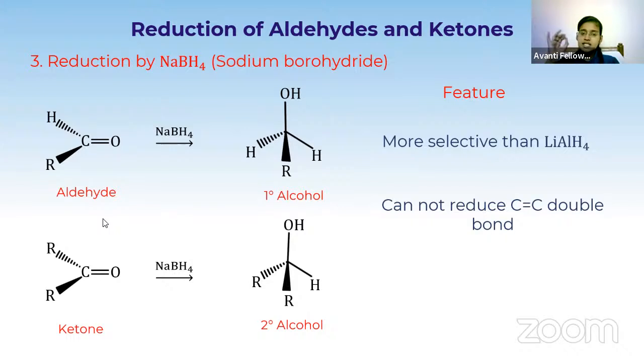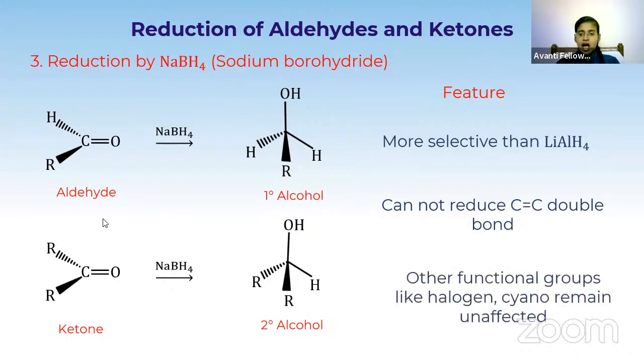Other functional groups like halogen and cyano remain unaffected. Halogen means fluorine, chlorine, bromine, iodine. Cyano means CN. So if these groups are present in the reactant, they remain unaffected, like the carbon-carbon double bond, and will not be reduced. So this is more selective compared to lithium aluminum hydride.